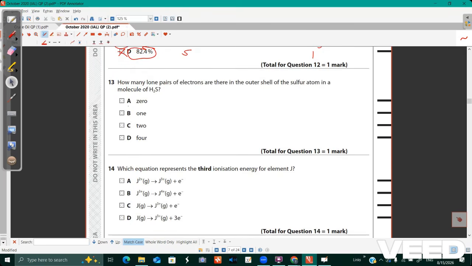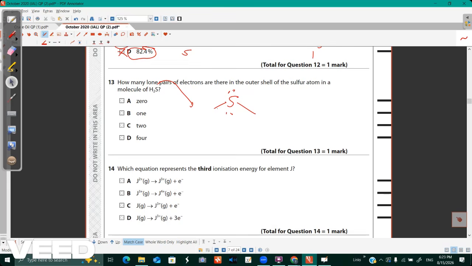How many lone pairs of electrons are there in the outer shell of the sulfur atom in the molecule of H2S? How many electrons are there in the outer shell? Sulfur. Remember, how many lone pairs of electrons are there? Sulfur molecule is something like this. Sulfur is in group number 6. So 1, 2, 3, 4, 5, 6. How many lone pairs?